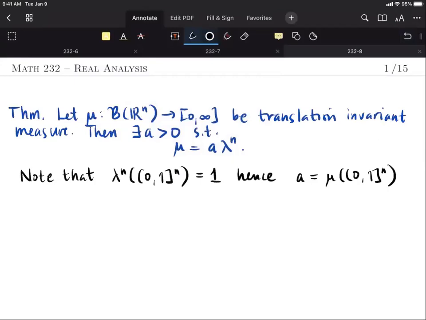So you apply this to both sides of this and apply this equation. Therefore, you get the value A. Okay.